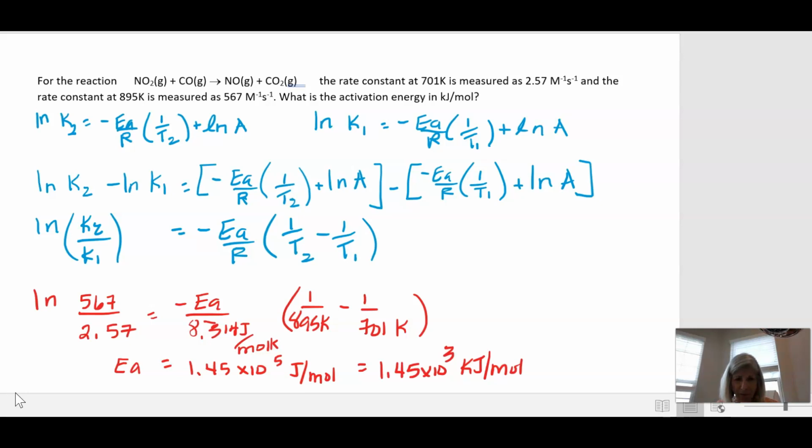It might not seem obvious, but when we subtract this by this, we're actually left with, when you do the subtraction, only 2 significant figures. So this really should be 1.5 times 10 to the third kilojoule per mole.